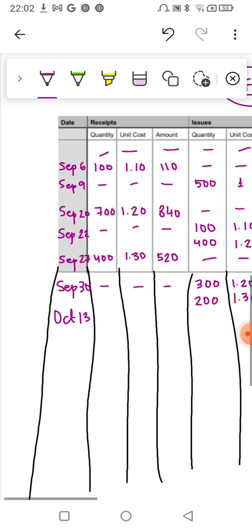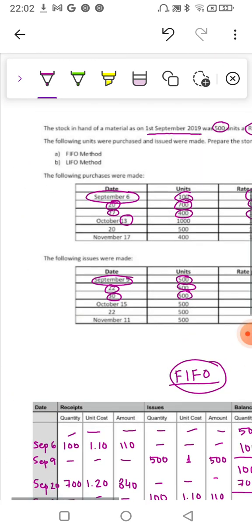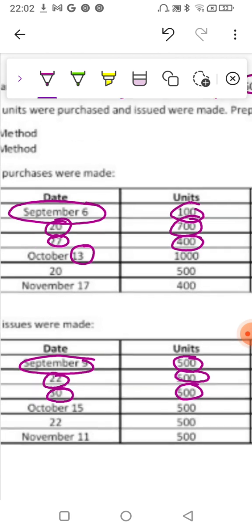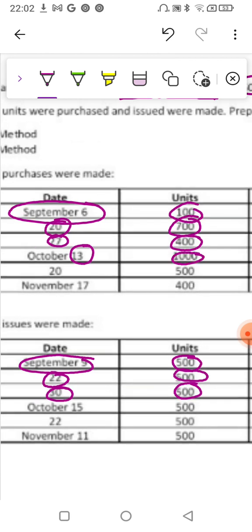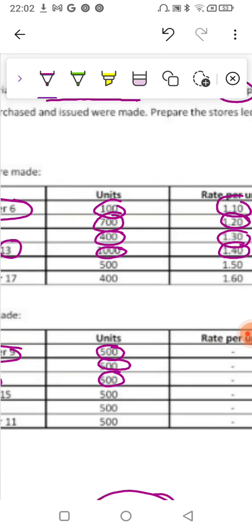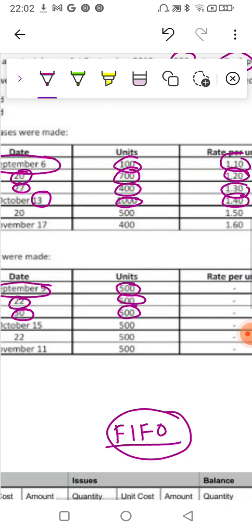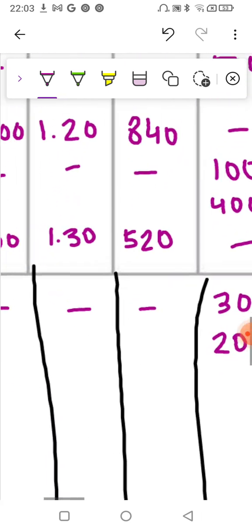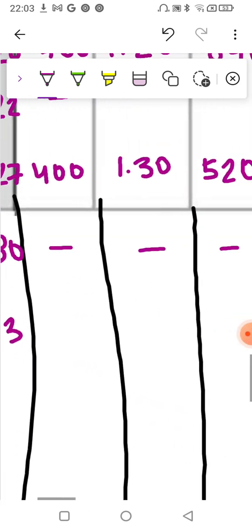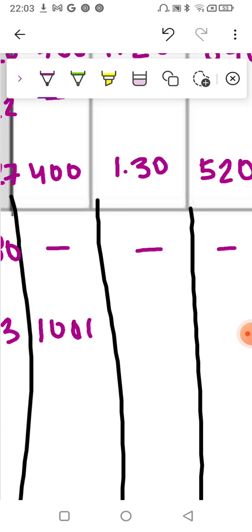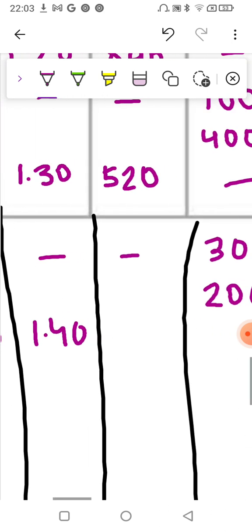On October 13, you can see we have made a purchase of 1000 units at 1.40 per unit. So 1000 units for 1.40, we will multiply it and we will get 1400.